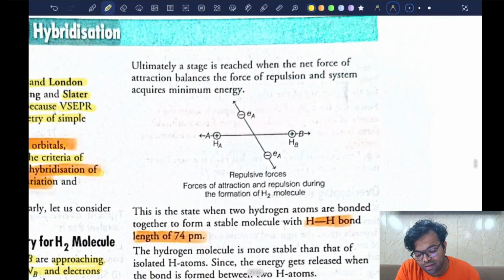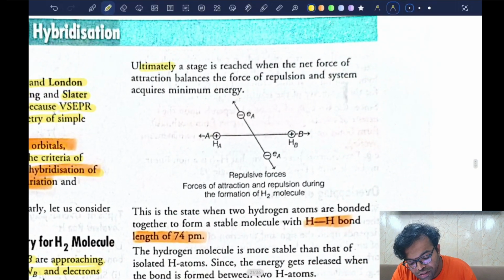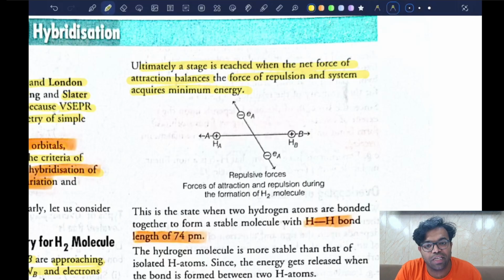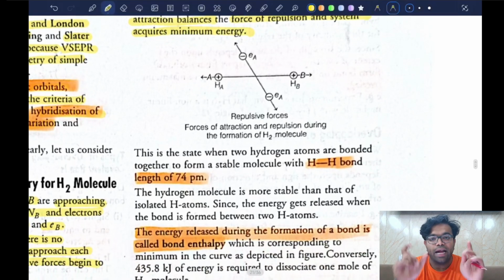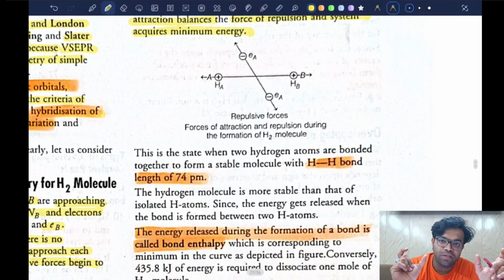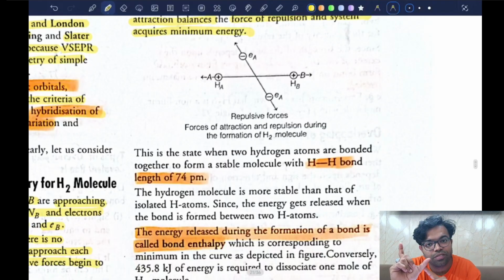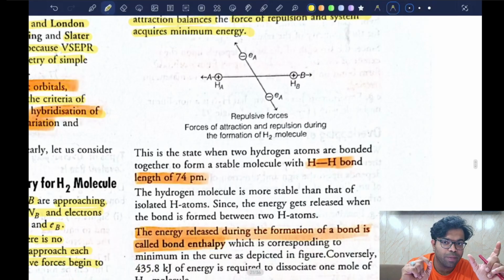Now let's look at this. Ultimately, a stage is reached when the net forces of attraction balance the forces of repulsion and the system acquires a minimum energy level. What are the attractive forces? The nucleus and the electron of the other atom. The repulsive forces are electron-electron repulsion and nucleus-nucleus repulsion.